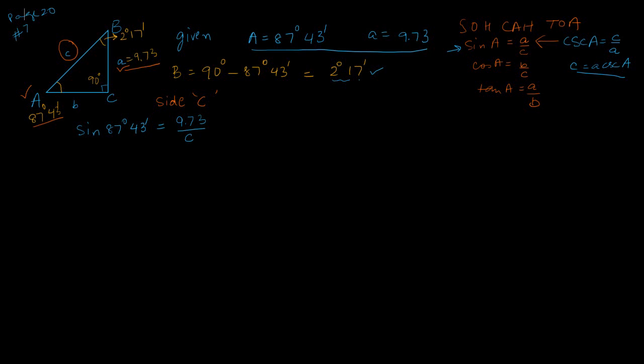Now because we are solving for side C, whichever method you're comfortable with, write sine 87 degrees 43 minutes over 1, cross multiply and solve for C. You all are familiar with how to do this, right? So if you want, I can quickly show you the steps. Sine 87 degrees 43 minutes times C equals 9.73, and because we are isolating C, we are going to divide both sides by sine 87 degrees and 43 minutes.